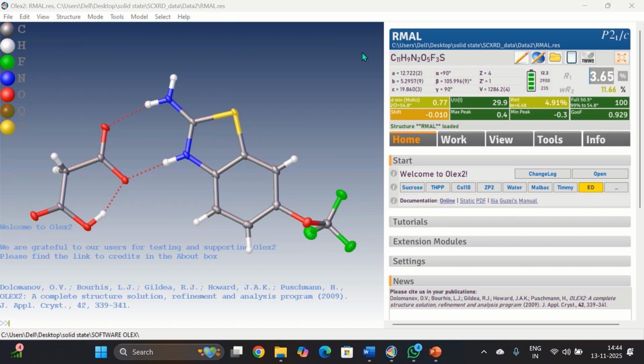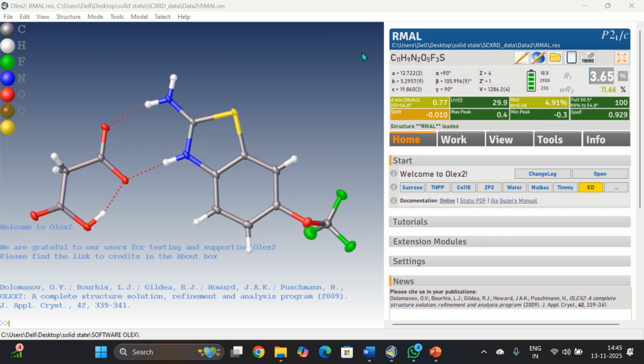After loading these files, Olex2 automatically generates the initial electron density map, and using this electron density pattern, I located the atomic positions and gradually built the molecular structure of the compound, and performed a series of refinement cycles in Olex2 to improve the atomic parameters, thermal factors, and overall model fit.